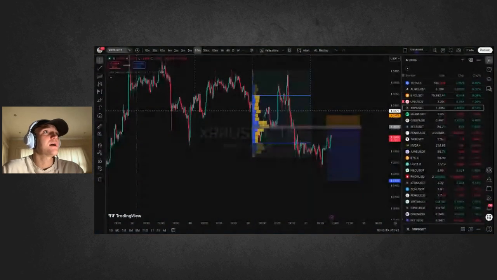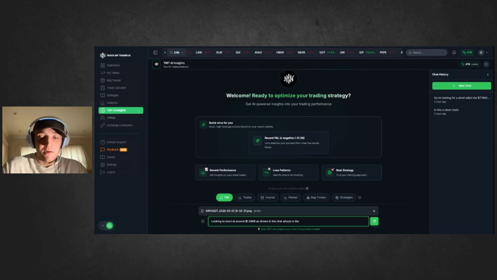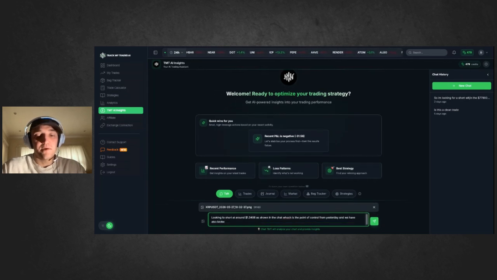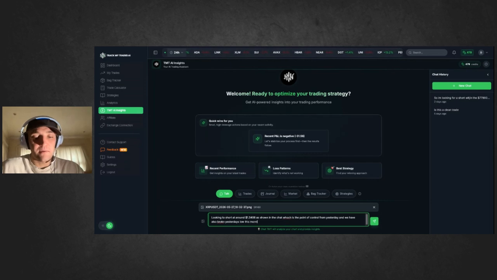So I was just showing the guys over there, looking for a short around 1.3408 as shown in the chart, which is the point of control from yesterday. And we have also broken yesterday's low this morning.